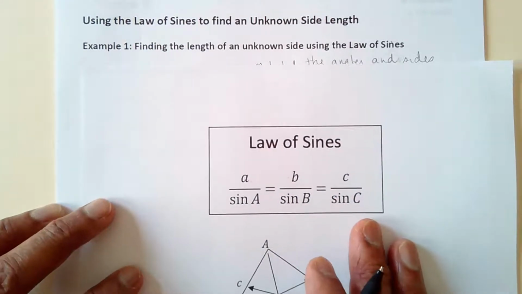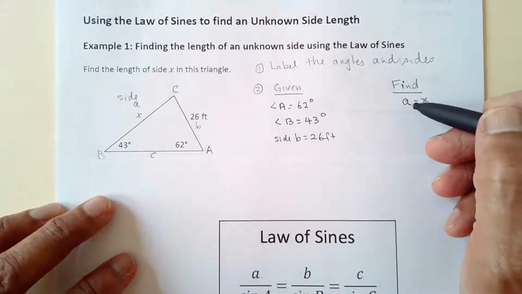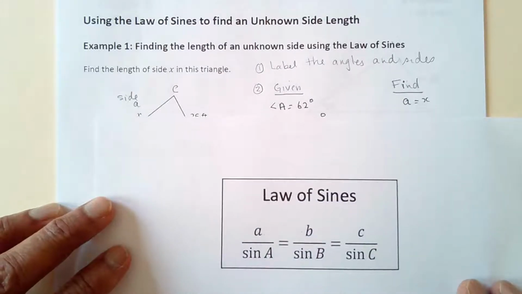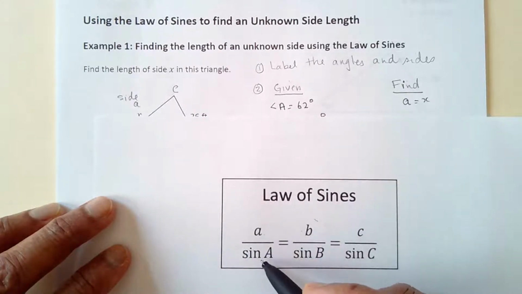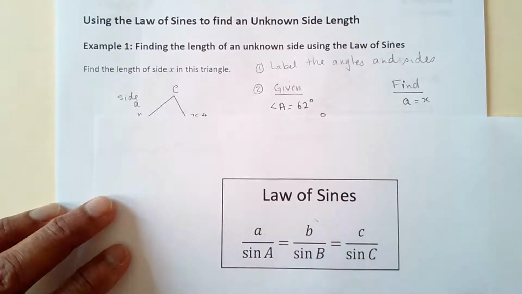Since we're trying to find side A, we will use this pair of ratios: side A over sine angle A, side B over sine angle B.